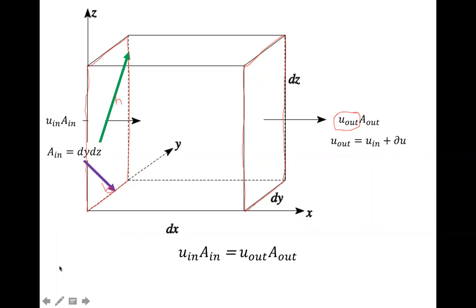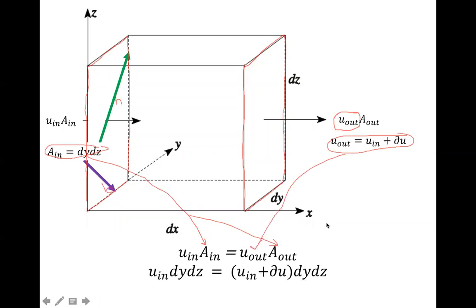Using these values for A in and u out, we can rewrite our equation down here. We can take this value for A in and A out and put it in here, and we can use this value for u out and put it in here.